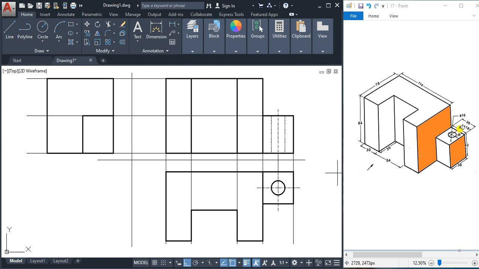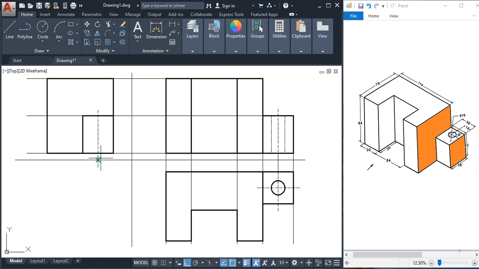The center of this hole is at a distance of 18 from this line, or from this line also. So we'll draw an axis line here. Now we'll draw two vertical lines, 8 mm to the right and 8 mm to the left of this axis line, a center line, to represent the hole which is not visible in this direction.